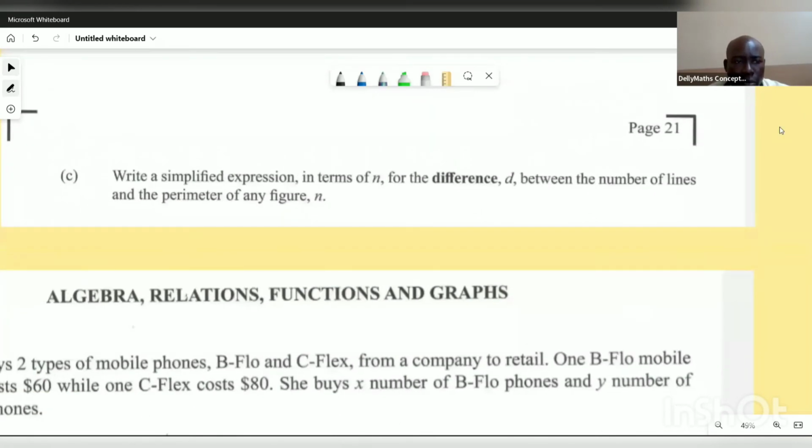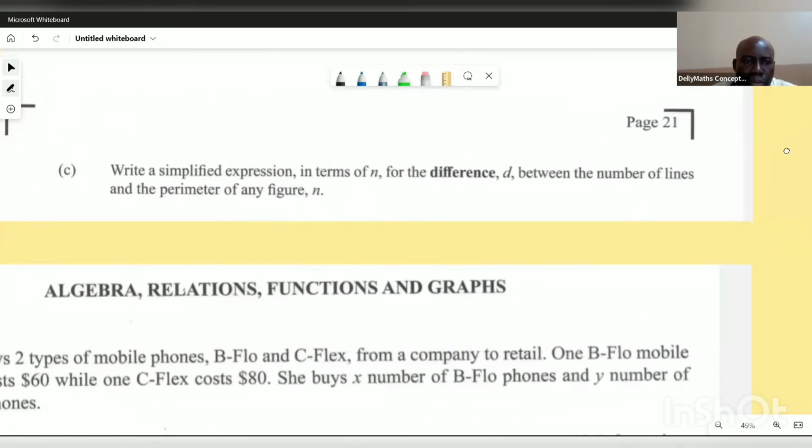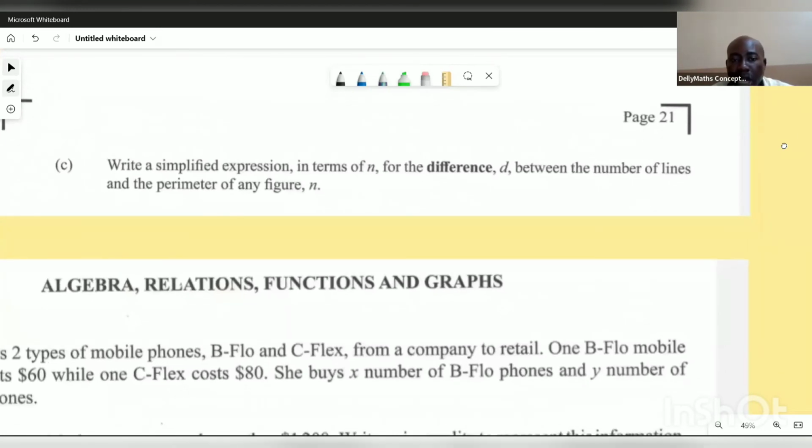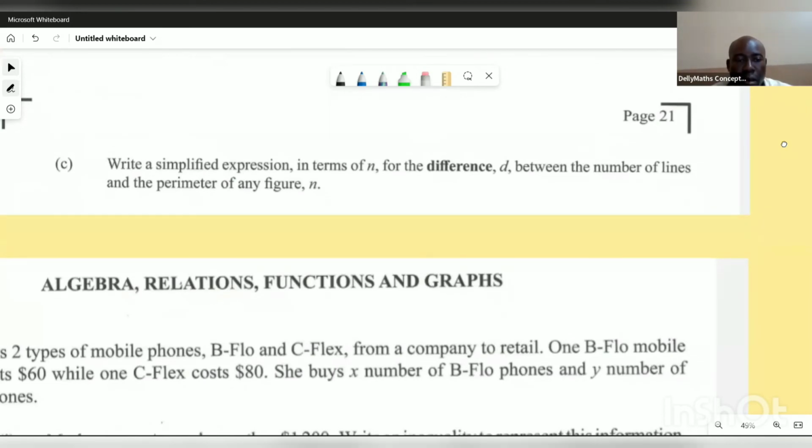All right. The third question says, simplify the expression in terms of n for the difference d between the number of lines and the perimeter of the nth term. All right.